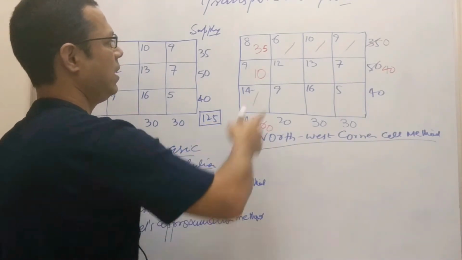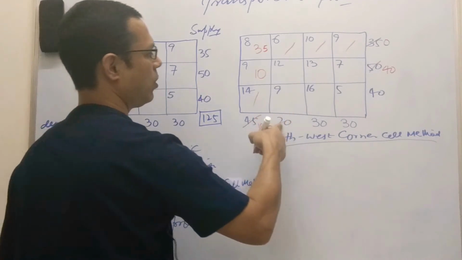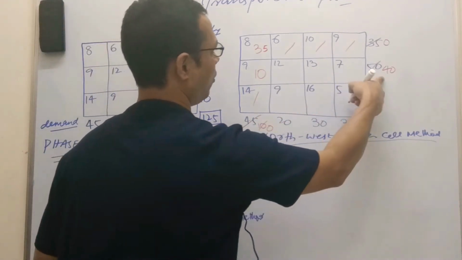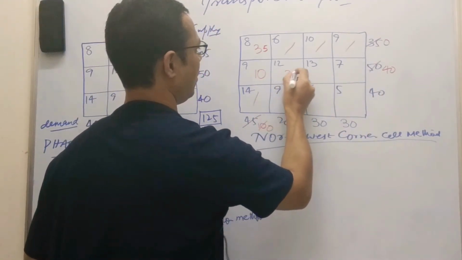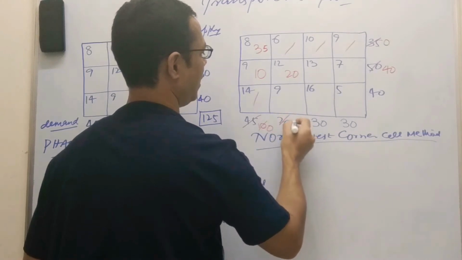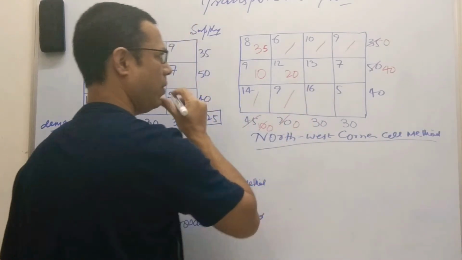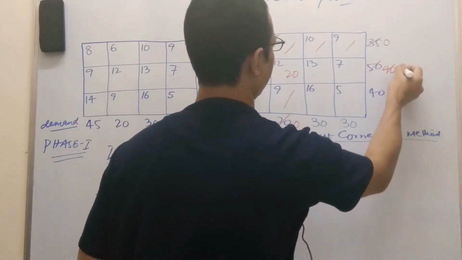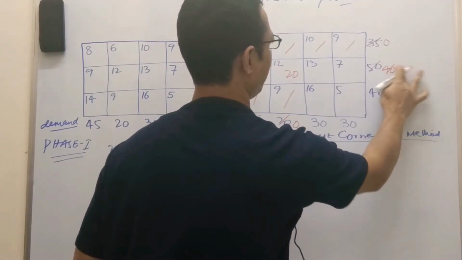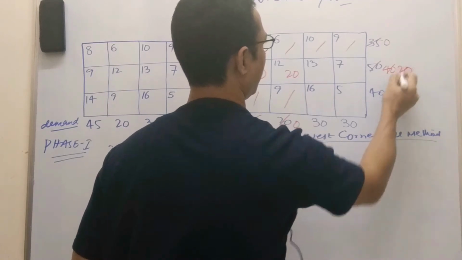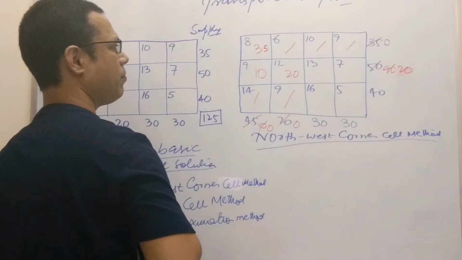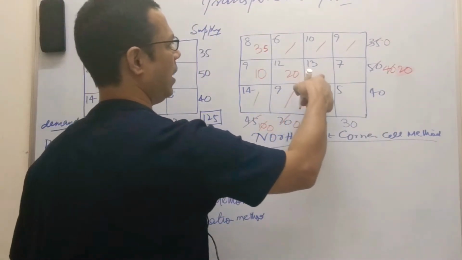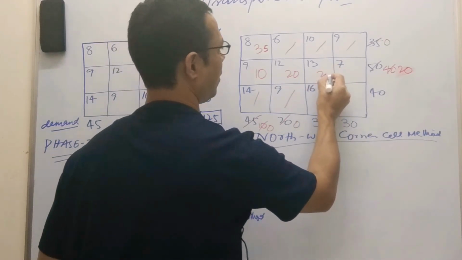Now next, this is the leftmost corner. So now we compare this 20 with 40. 20 is less, so 20 will shift here. Now here it is finished, so demand is fulfilled. Now this will become 20. 20 has already shifted here. Now this one is the leftmost corner. 20 is less, so 20 will shift here.